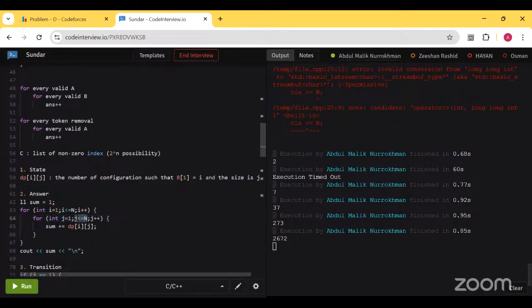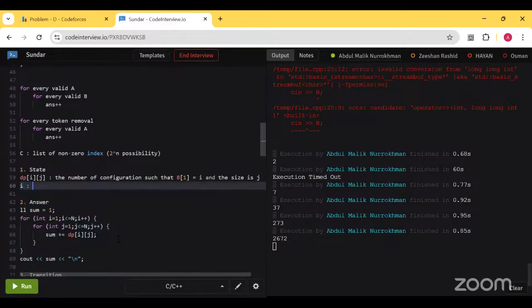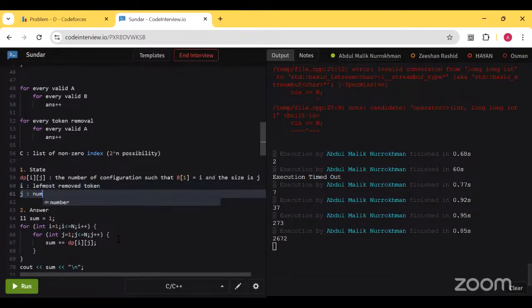We remove all tokens. For each token, we will check which token is the leftmost removed token. It is I. So I is just the leftmost removed token, and j is the number of removed tokens.